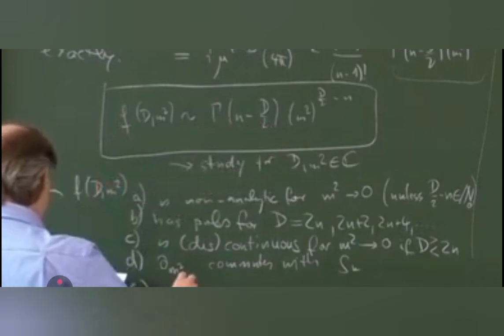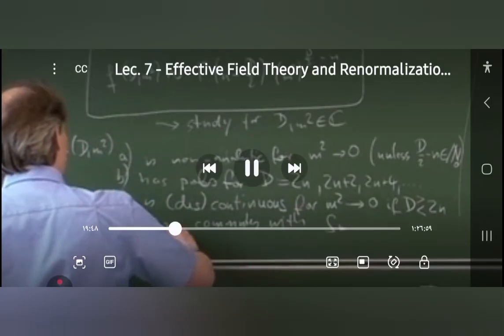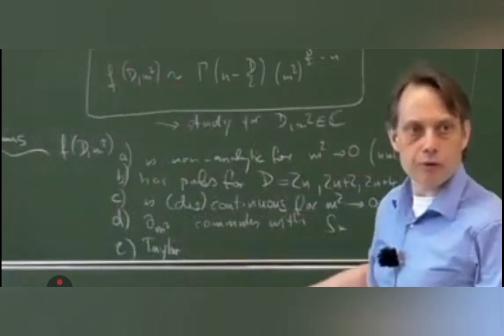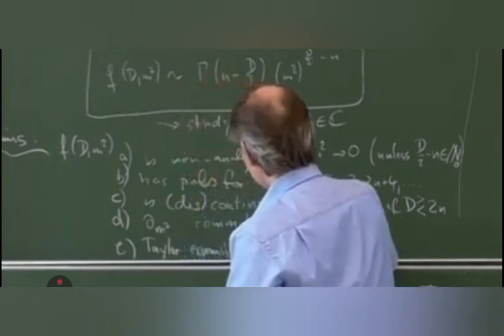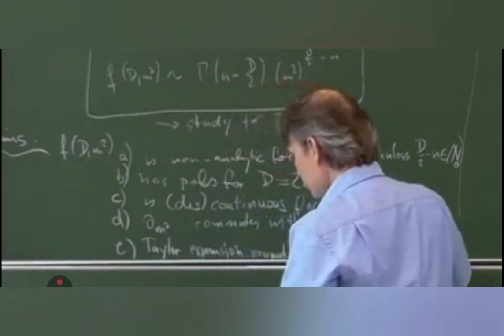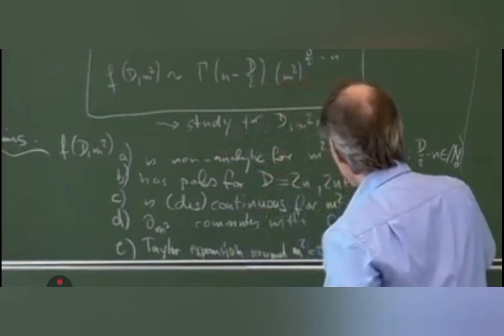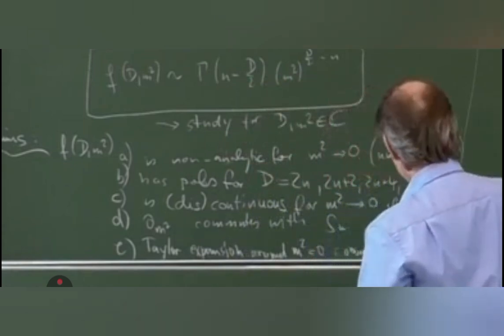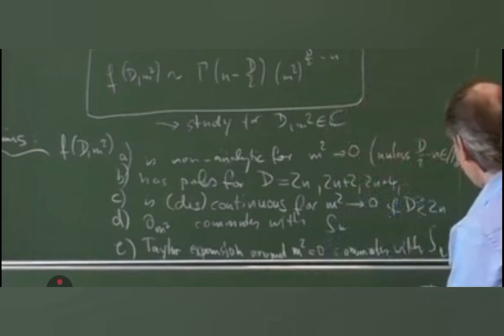And the final statement is Taylor expansion. That is particularly interesting for us, since that is in the end what we want. Taylor expansion around m square equals 0 commutes with the integral over k.